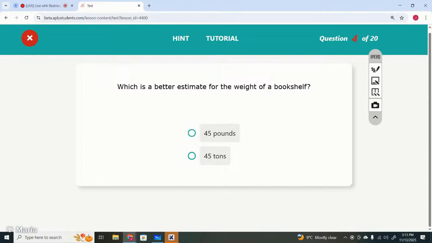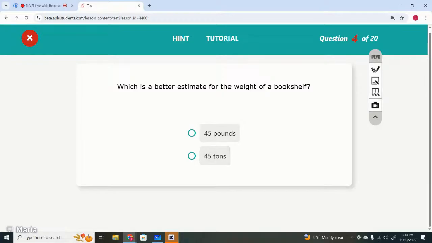Which is a better estimate for the weight of a bookshelf? It is just a bookshelf, right? So 45 tons or 45 pounds.